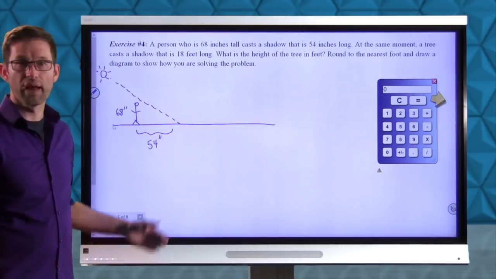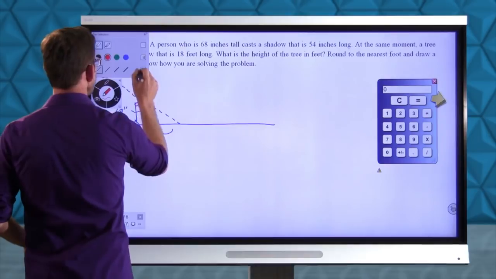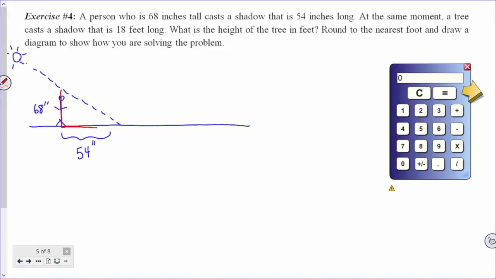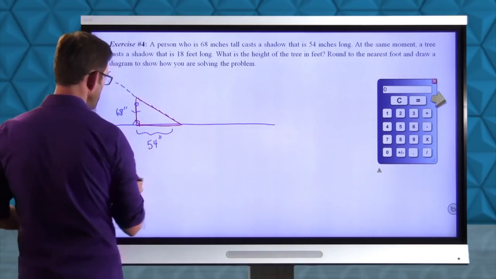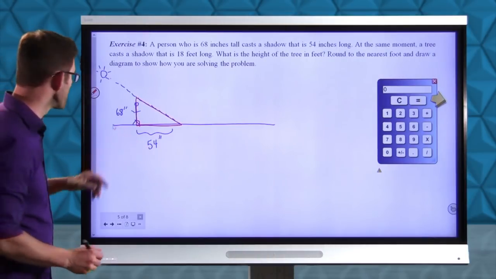Okay, it's pretty much that simple. Great. And the idea, of course, here is that we have a right triangle that looks like this, right? With the height of the right triangle being 68 inches and the base being 54 inches.